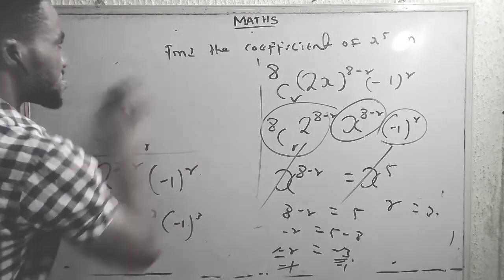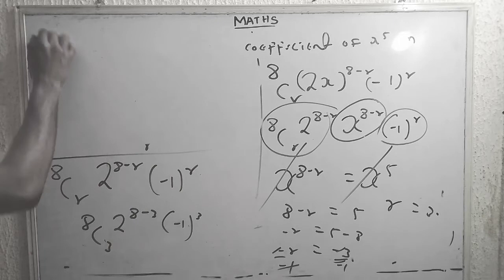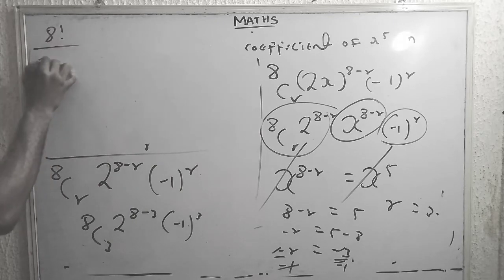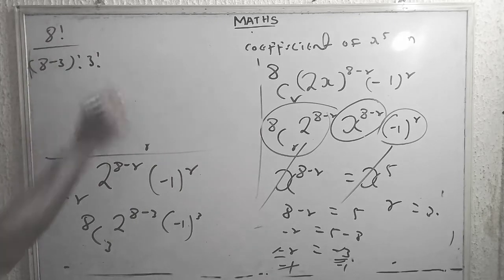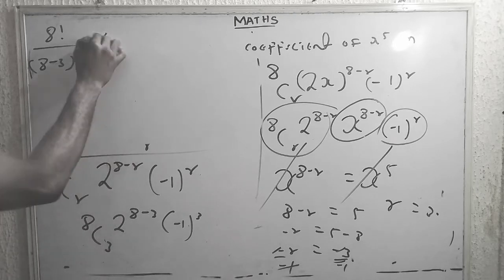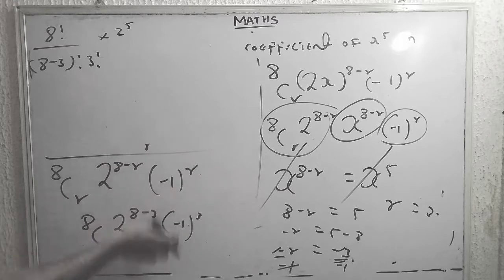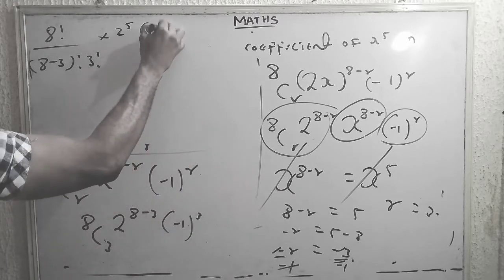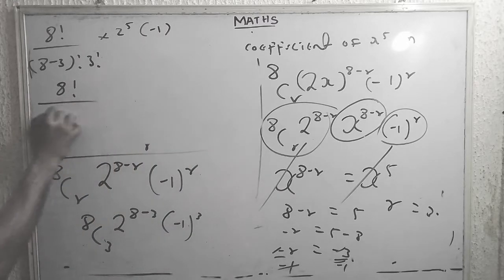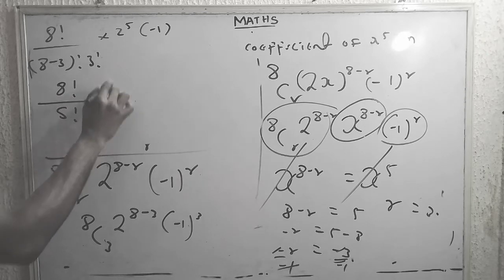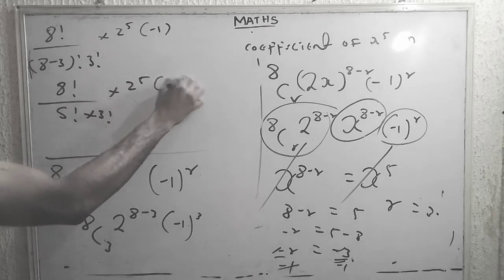So from that aspect, if I'm to complete that, I will have a picture that should be depicted in this manner. I'm going to have 8 factorial over 8 minus 3 factorial with 3 factorial. That is for this part. Times 2 raised to the power 5. Then minus 1 raised to the power 3 is the same, minus 1. So I have 8 factorial over 5 factorial times 3 factorial, times 2 raised to the power 5, times minus 1 here.